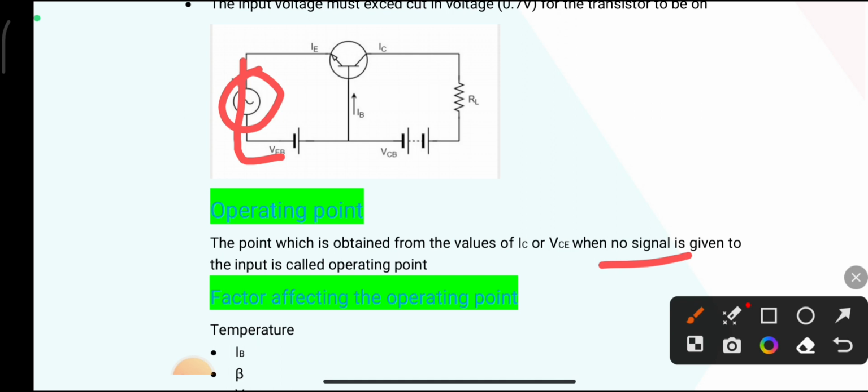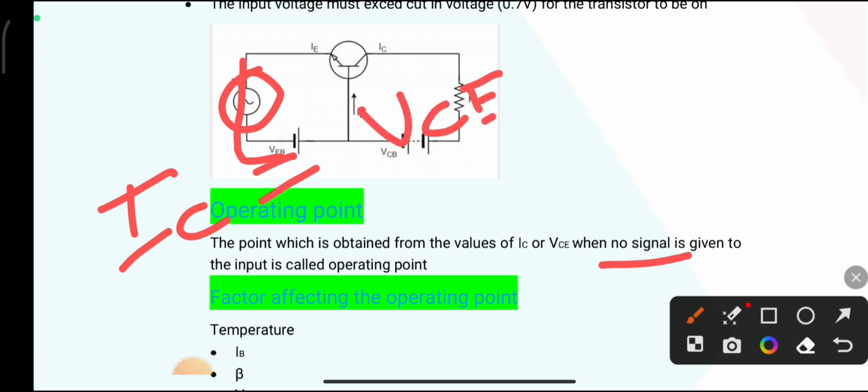In this condition, there is a graph between IC and VCE. Here IC varies linearly with VCE. At zero signal, meaning absence of AC signal, the operating point must lie in the active region.